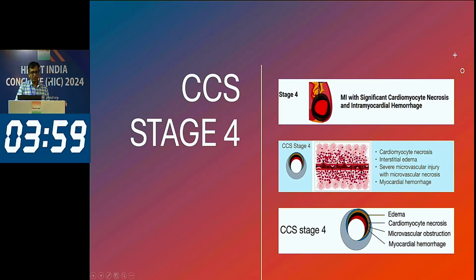Now coming to stage 4, here the injury is very severe, and this is all because of sustained ischemia and reperfusion injury. We all know what happens because of reperfusion injury: along with cardiomyocyte necrosis and interstitial edema, there is myocardial hemorrhage.